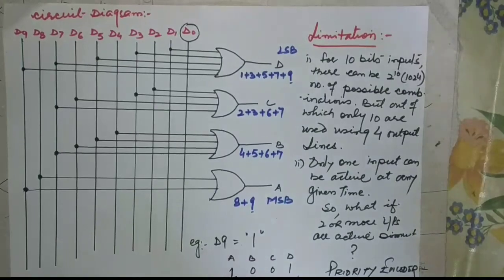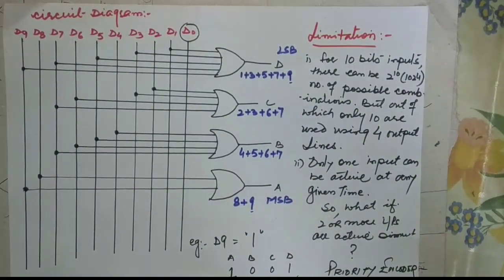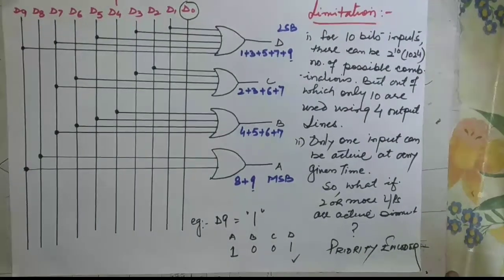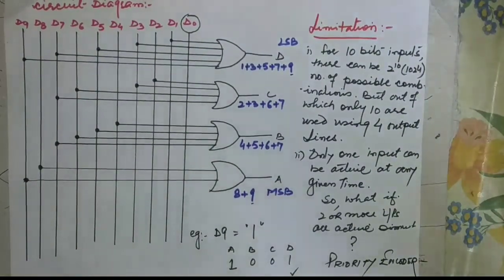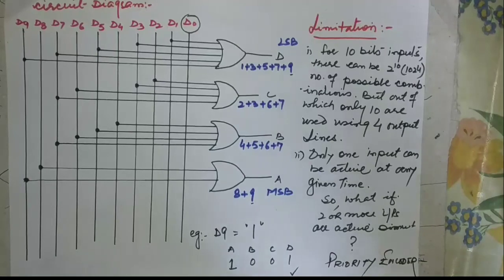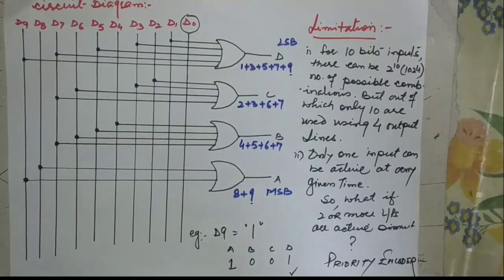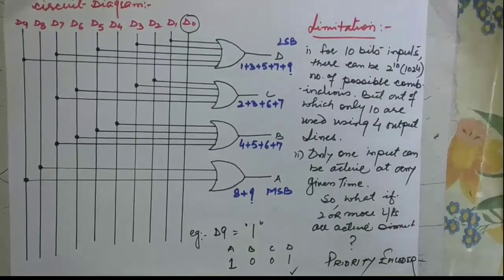So using the enable signal, that limitation can also be resolved to a larger extent. So this is all about the decimal to BCD encoder, and in the next lecture we will discuss the priority encoder. Thank you very much.